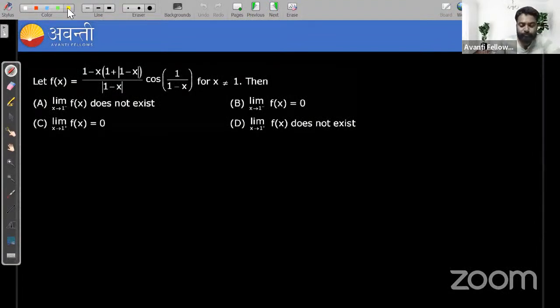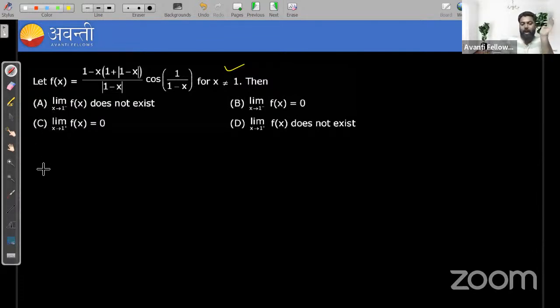Very good, Amrita. Let f of x be equal to 1 minus x, this function is given, into cos of something, for x not equal to 1. Then it is asking which option is or are correct.